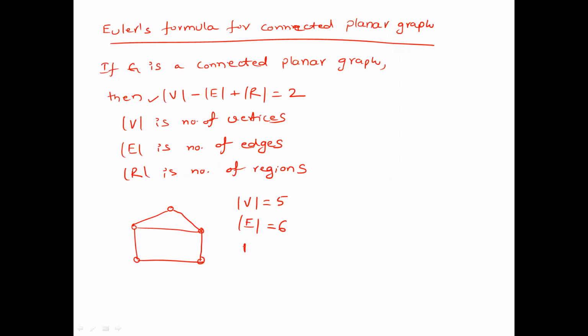And how many regions are there? 3. So that is the formula. In any connected planar graph, mod V minus mod E plus mod R should always be 2. So 5 minus 6 plus 3 is 2, right? So this is Euler's formula for a connected planar graph.